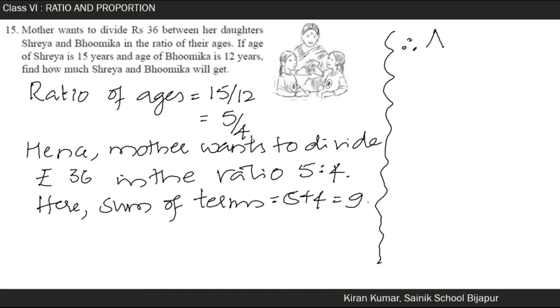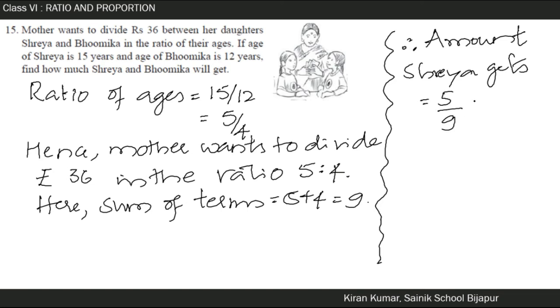Therefore, the amount Shreya gets will be 5 parts out of 9 parts of rupees 36, and this will be equal to rupees 20.